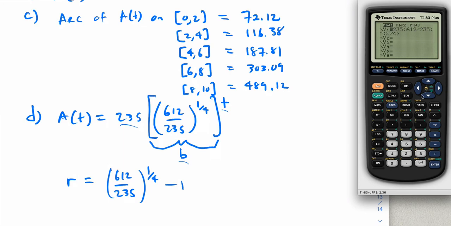And so let's calculate that. 612 divided by 235 raised to the 1/4 and then minus 1. There's the growth rate as a pure decimal. Multiply by 100 to convert it to a percent, and it's equal to 27.03%. There's the growth rate.